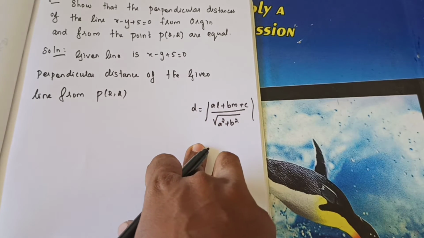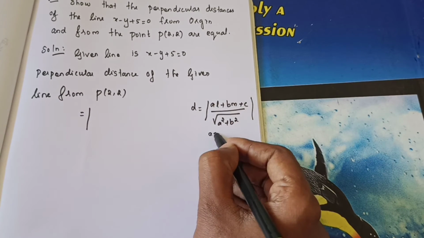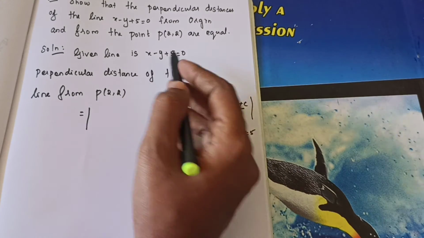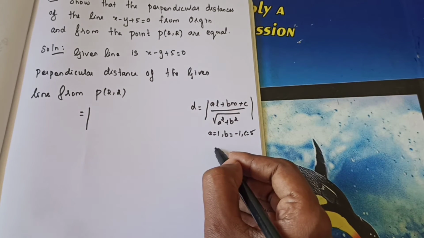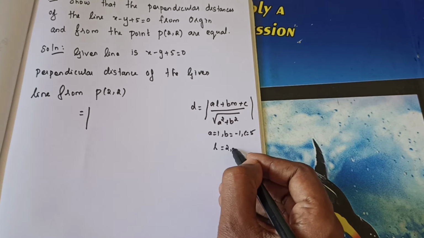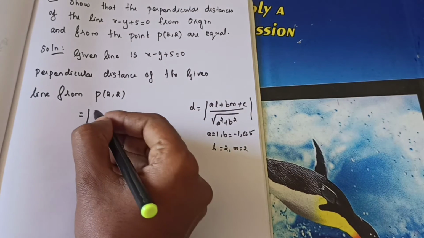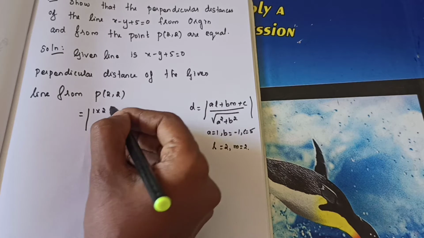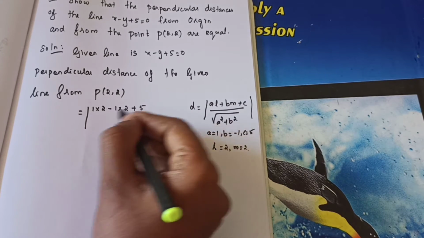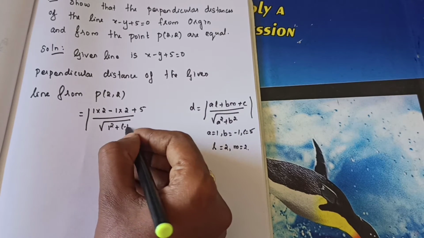Now substitute in this formula. A value is 1, B value is minus 1, C value is 5, from the line. Then the point: L value is 2, M value is 2. So substituting, modulus of 1 into 2 minus 1 into 2 plus 5 divided by square root of 1 square plus minus 1 the whole square.